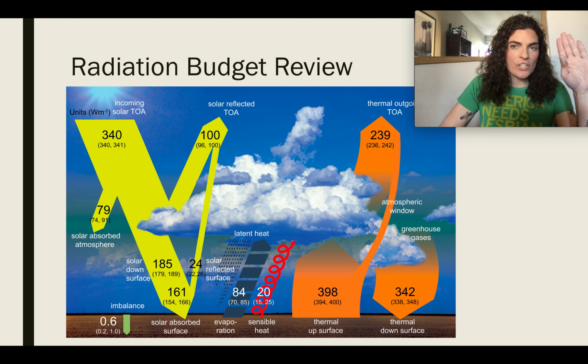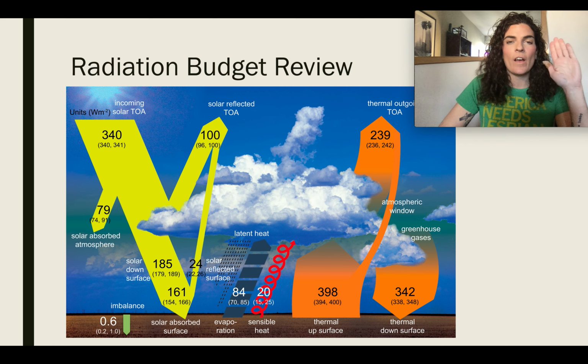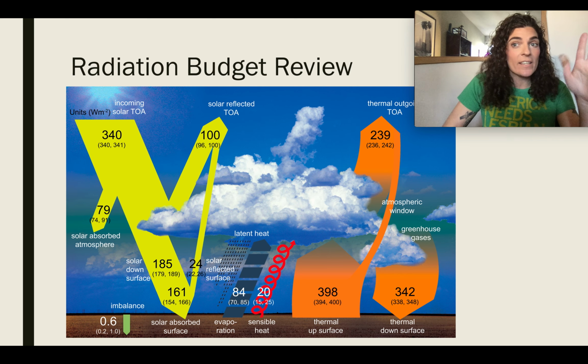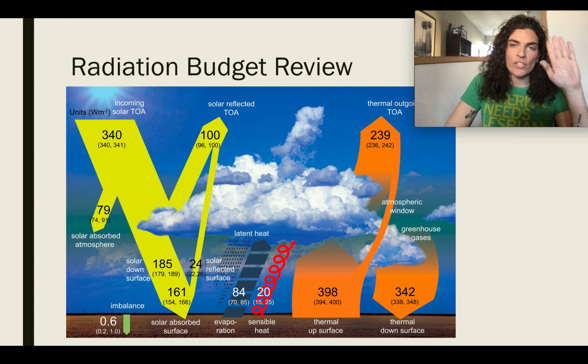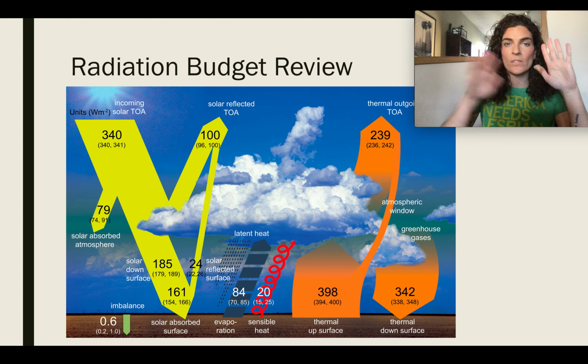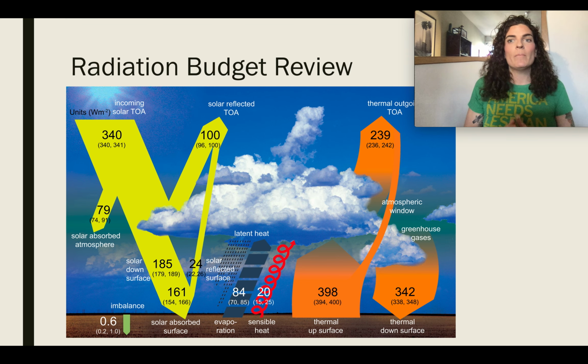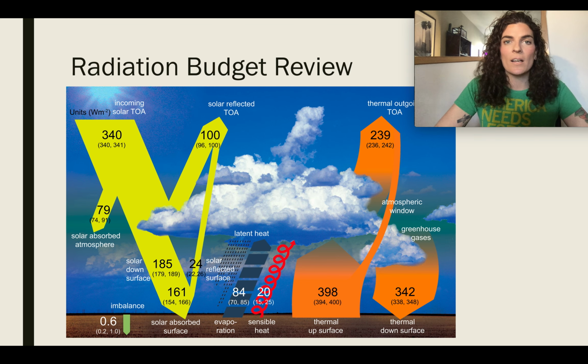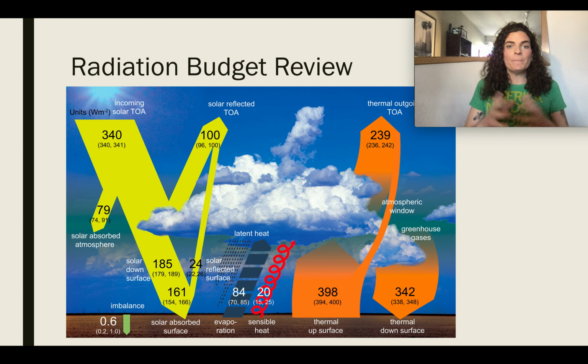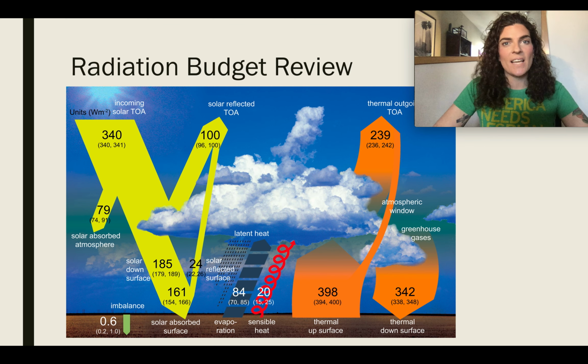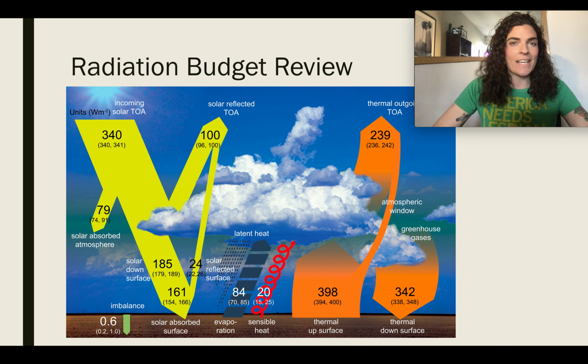Outgoing radiation, which we call long wave, or thermal, or terrestrial, or infrared. It's mostly infrared radiation, and is very different than the incoming radiation. So the outgoing infrared radiation gets emitted from the surface of the planet, makes it up into the atmosphere, where it is intercepted by tiny gas molecules known as greenhouse gases.